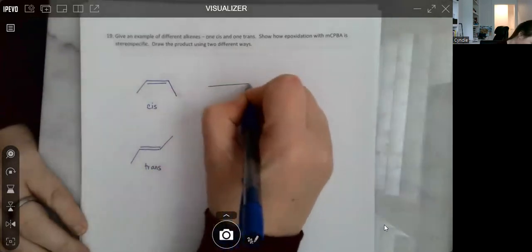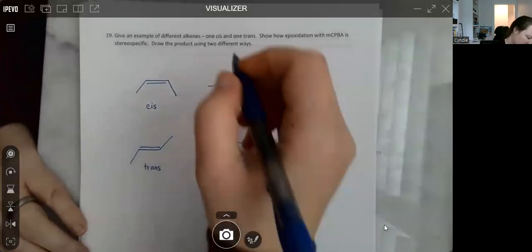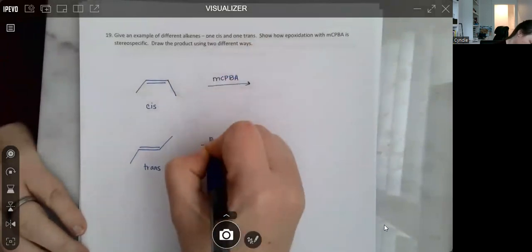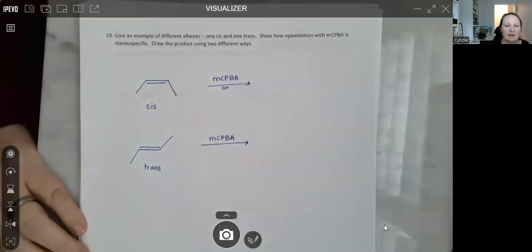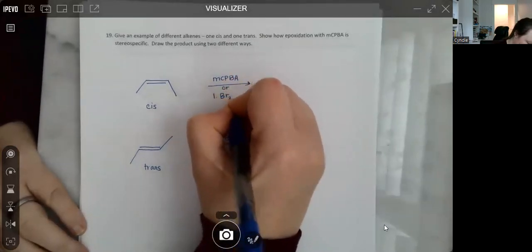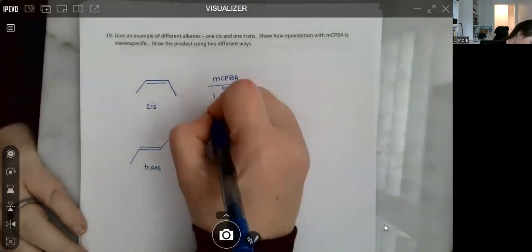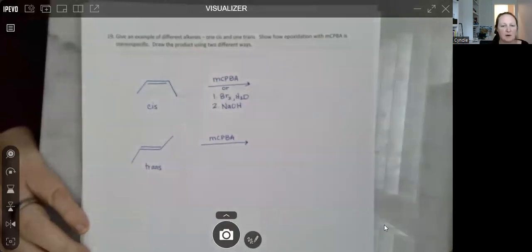So when we're talking about epoxidation, we can use MCPBA. Or we can use the two-step process with cheaper reagents, which would be first forming a halohydrin with bromine and water, followed by treatment with sodium hydroxide to form the epoxide.